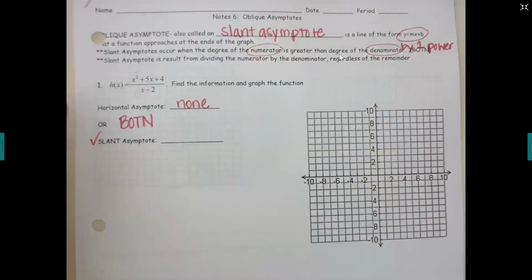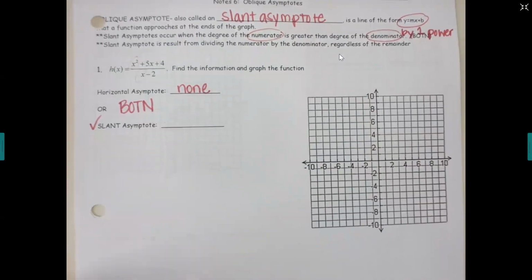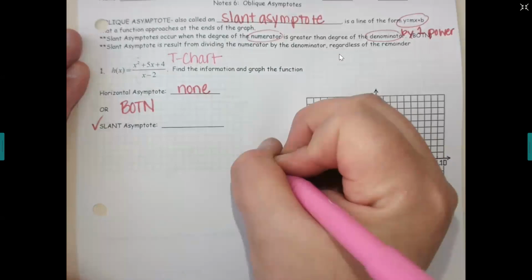I'll teach you how to find it in a second, but let's go back through all the other features we already know how to do. Every other feature you have to factor to identify. So for the top, how can I factor that? T-chart is correct. Very good. So let's do our T-chart over here to the side.